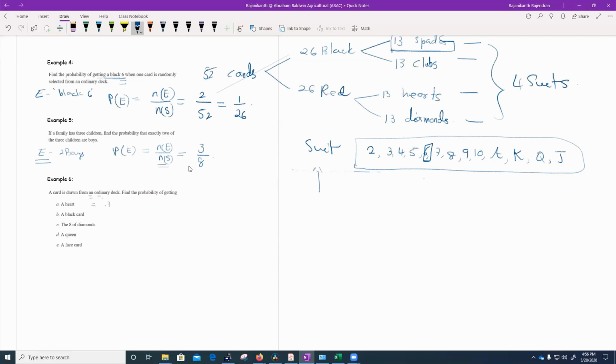So there are 13 possibilities out of 52. Getting black, there are 26 black out of 52. Okay, the 8 of diamonds. How many possibilities will you have out of 52, which is the 8 of diamonds? Well, you have only one such card.